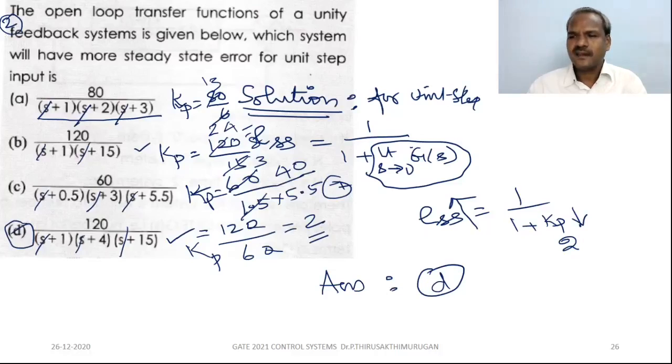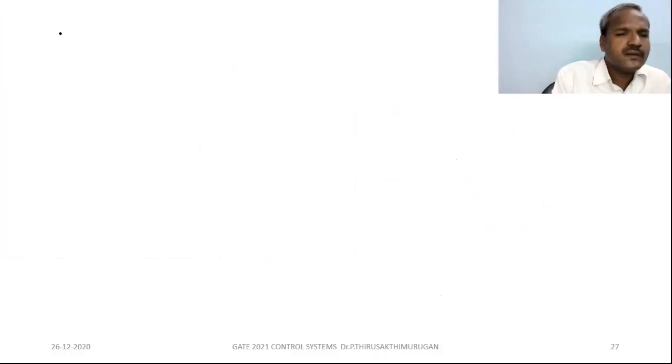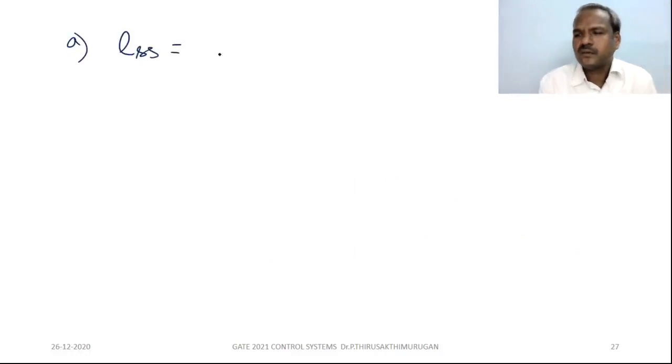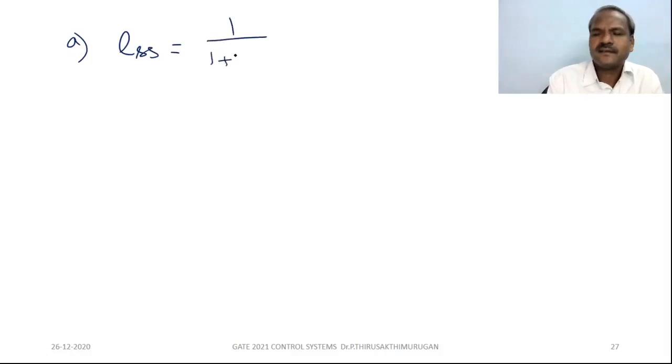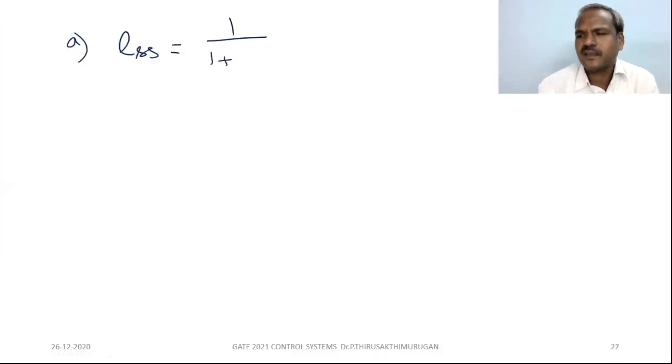Clear? This is the simplest way of estimating the steady state values. If you substitute, for option A, the steady state error is 1 by 1 plus 80 by 6, which is around 13 point something.